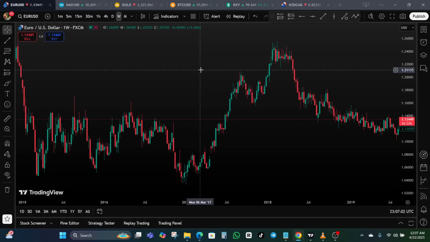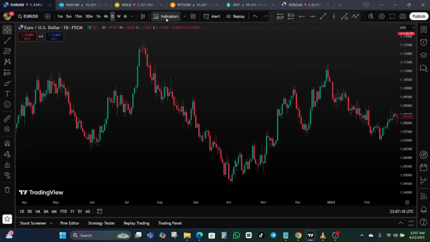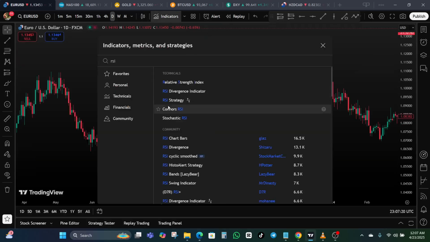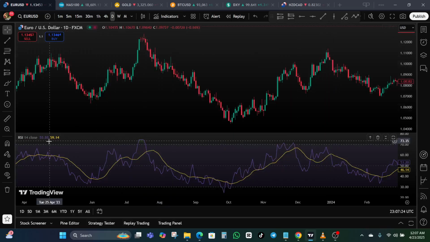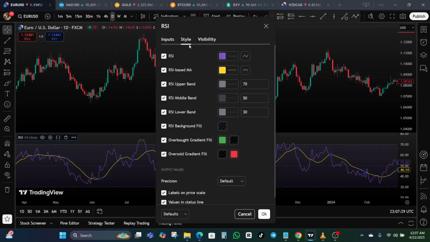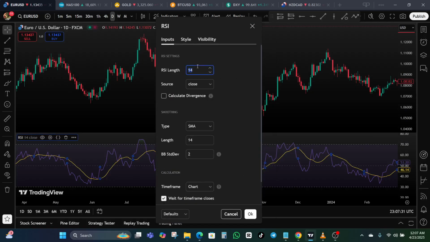Now what is this strategy exactly? Larry Connors, a well-known trading strategist, developed a unique method using a 2-period RSI on the daily time frame. So let's go to the daily time frame and add the 2-period relative strength index to the chart. I'm just going to change the settings to 2-period.